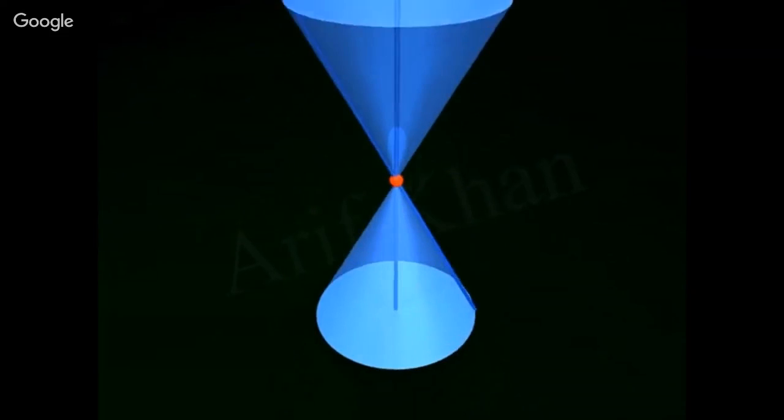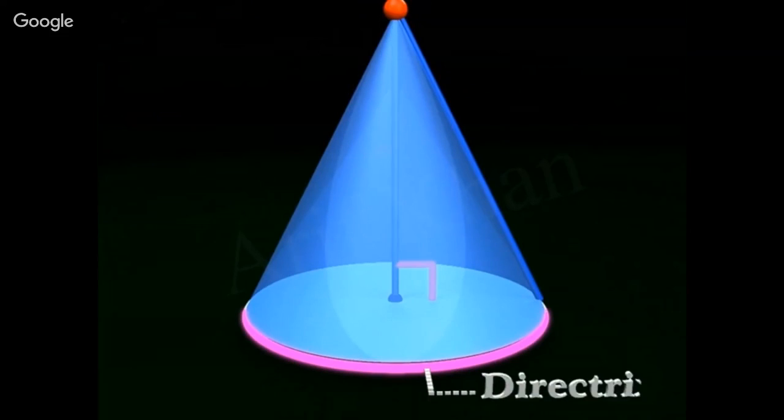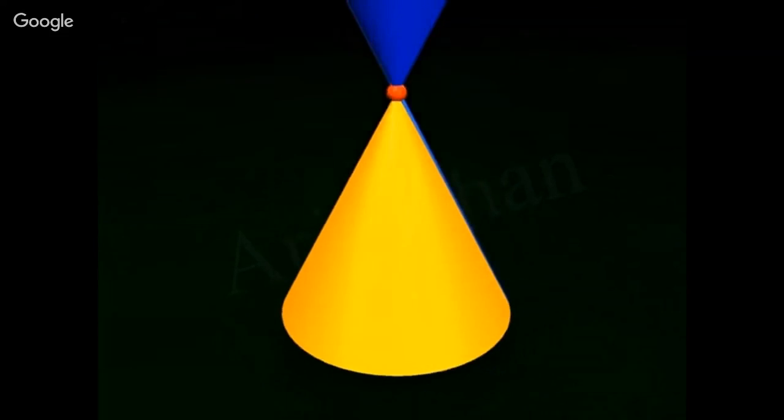The cone has a circular base, and the base is always perpendicular to the axis. The circumference of the base is called the directrix, and this surface of the cone will be called the nappe.